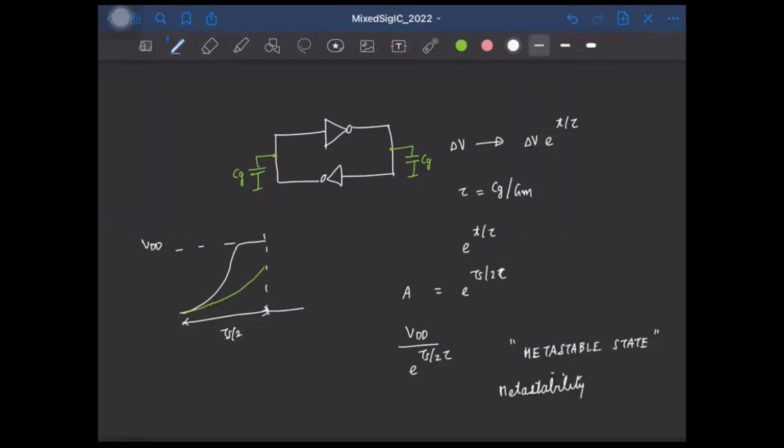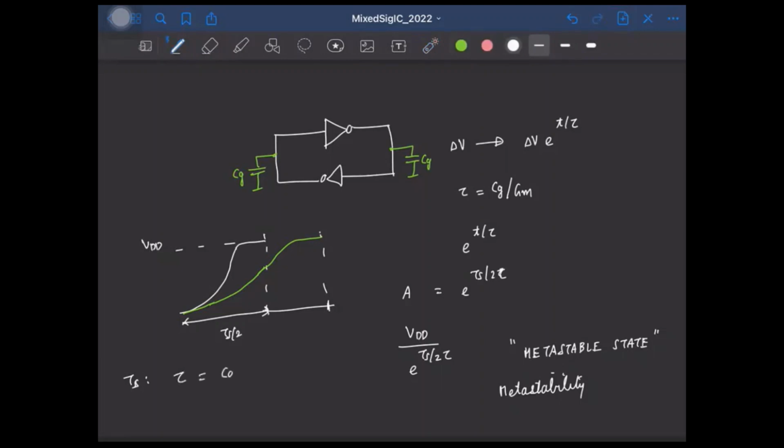So let us say if Ts/2 is longer, then obviously this also would have settled to VDD by this time. But of course that's not something we want. We want a faster and faster ADC. So for a given time Ts, the only way to reduce the probability of metastability is to have a smaller and smaller time constant, right?